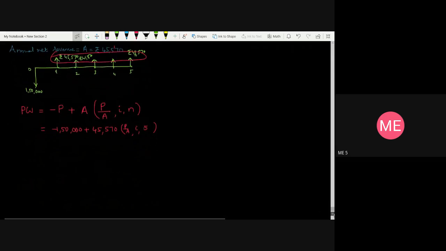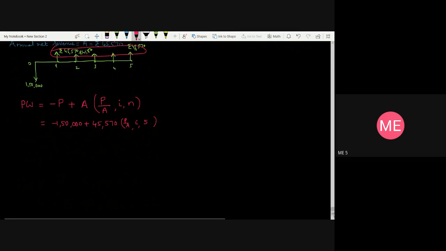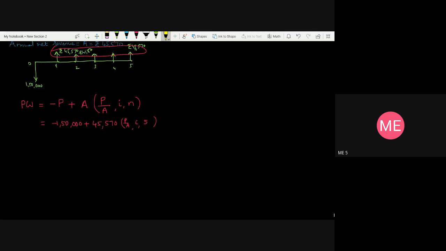Right. So now for the different values of I, I have to get this as a 0. So if I use this present worth equation for the different I values, for example, say I is equal to 15%, I have taken.